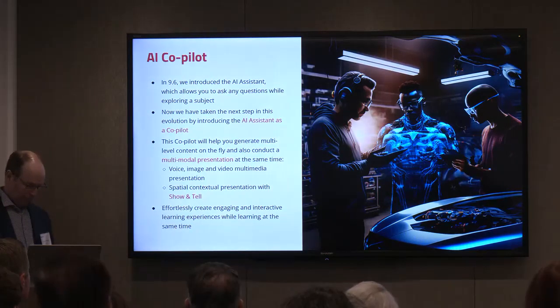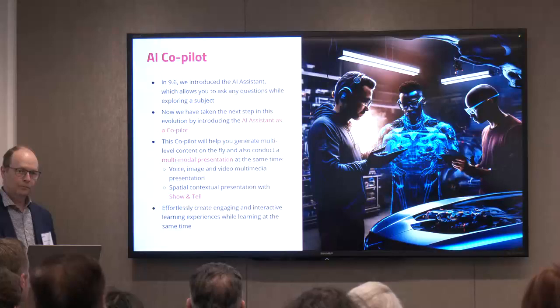So you learn the context of that object as well, and not just what it is. So in short, this will give you a very easy way to create a very engaging and interactive learning experience.